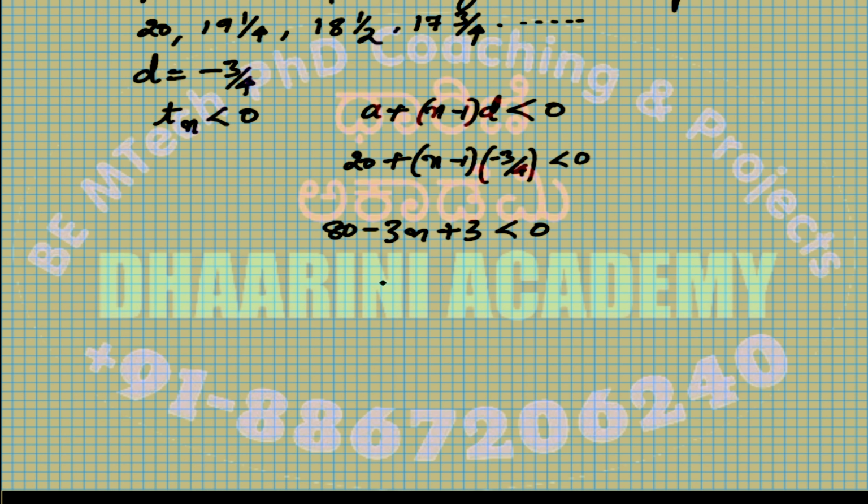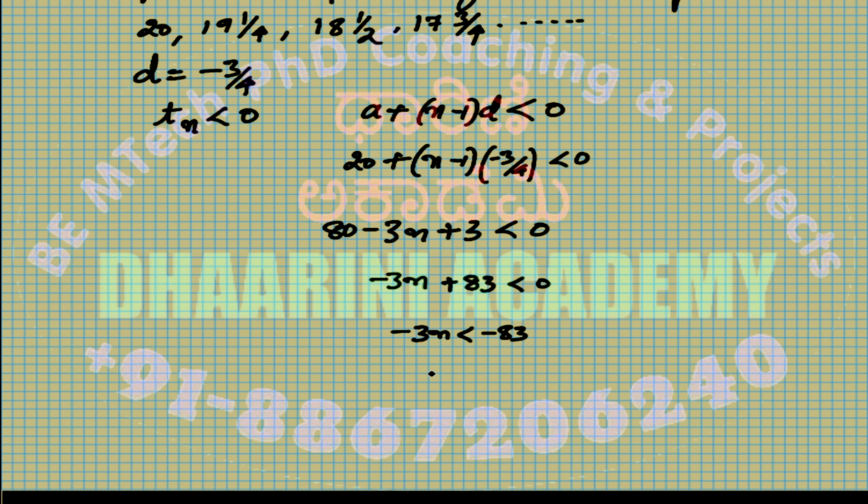This means minus 3n plus 83 is less than 0. So minus 3n, this plus 83 goes to the other side as minus, less than minus 83. When you cancel the minus on both sides of a less than symbol, it changes.